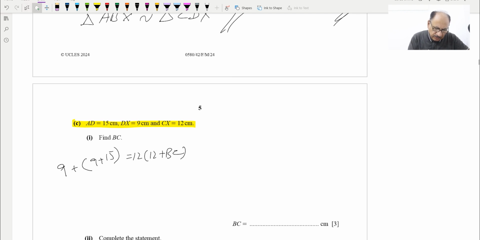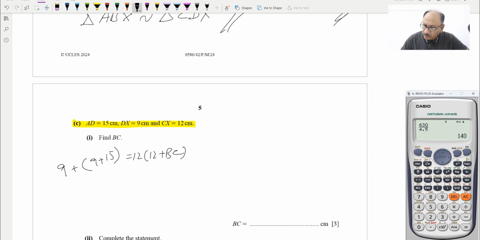So this will be 9 plus 24, we can use calculator for that. So 9 plus, in brackets it will be 9 plus 15 bracket close, and this is resulting to 33.